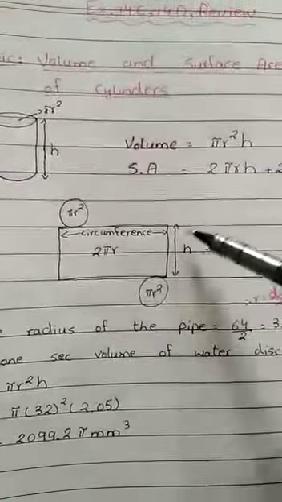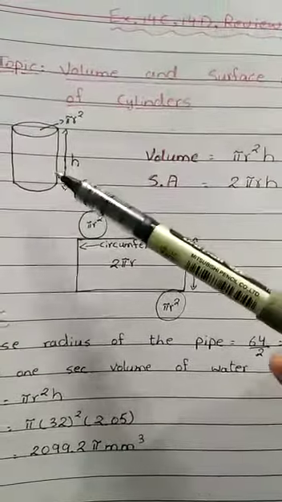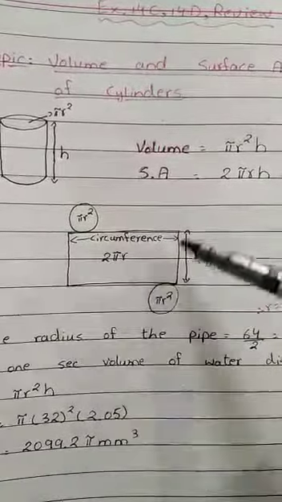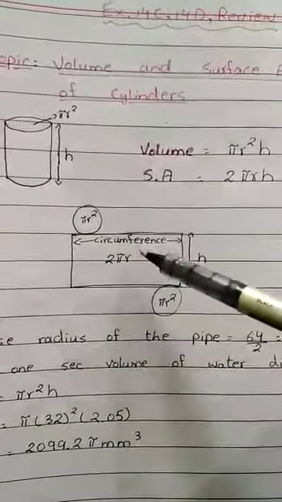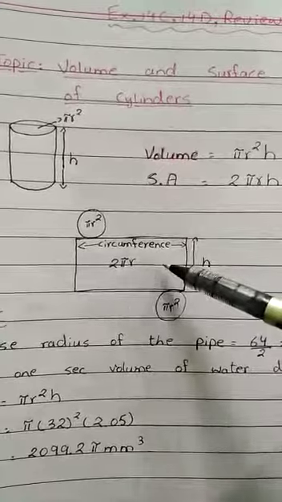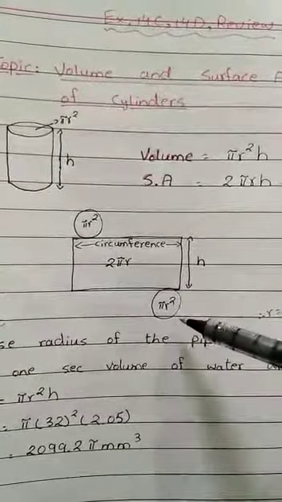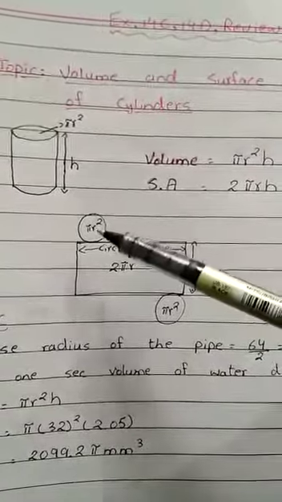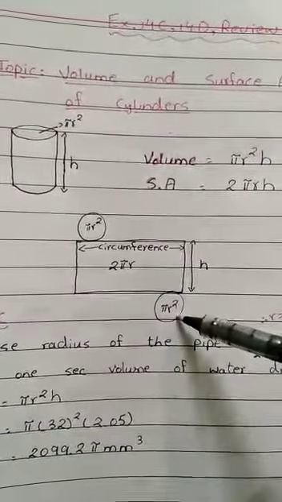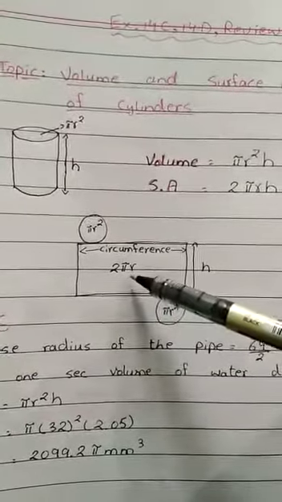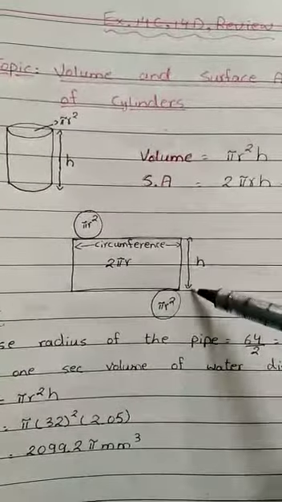Now how can you find out the surface area? If you open this shape, you get a figure like this. This is a rectangle, and we can say this is the circumference of the cylinder, and the upper end is a circle and the lower end is also a circle. So area of circle pi r square, again area of circle pi r square, and the area of the curved part is equal to 2 pi r times the height.